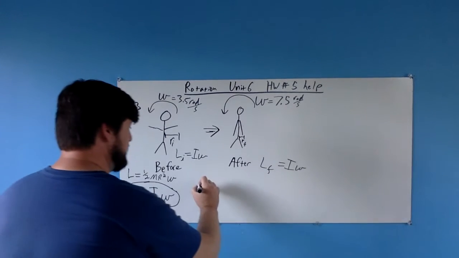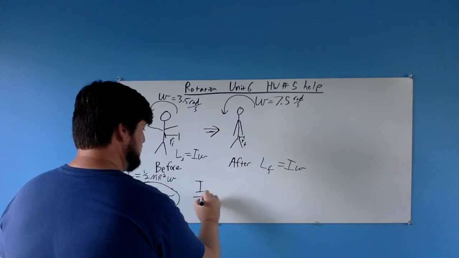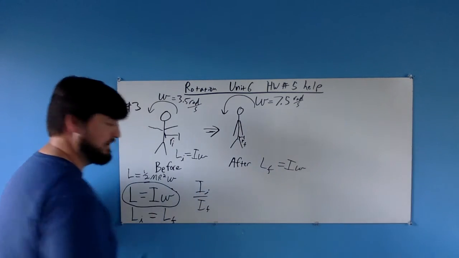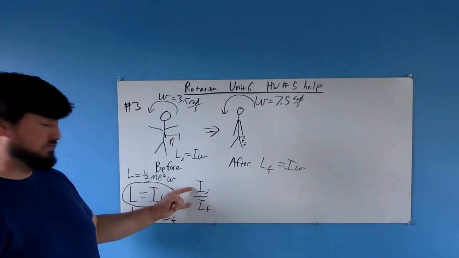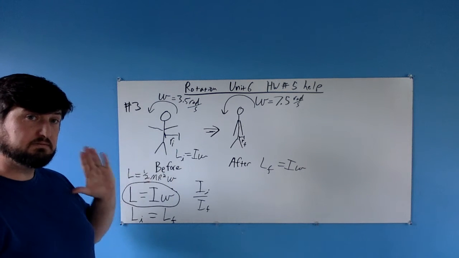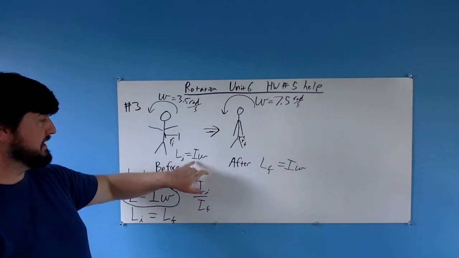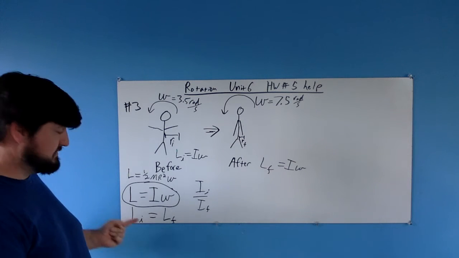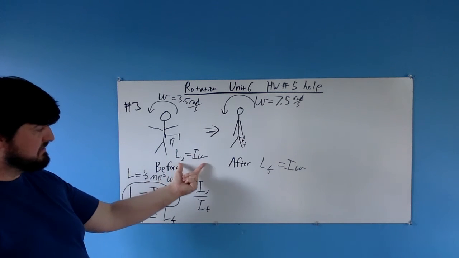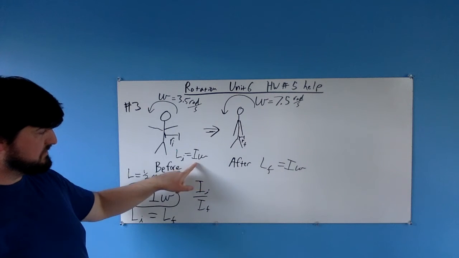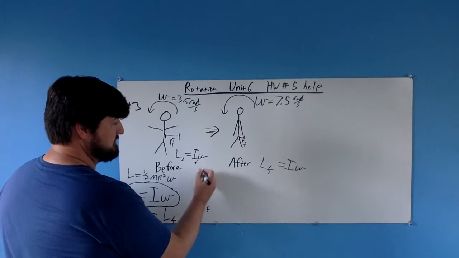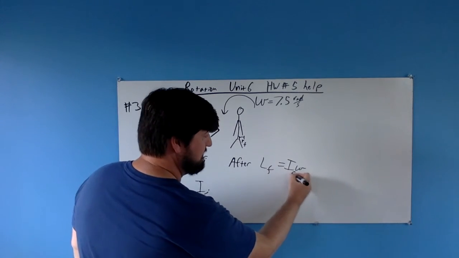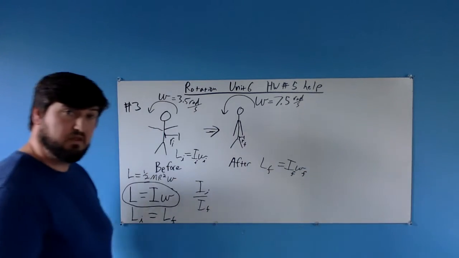We need a ratio of I over I, and it said, I think, initial over final. So how do we find that ratio? This is our key to the puzzle: initial is equal to final. So I'm going to take this formula, I initial times omega initial is equal to I final omega final.